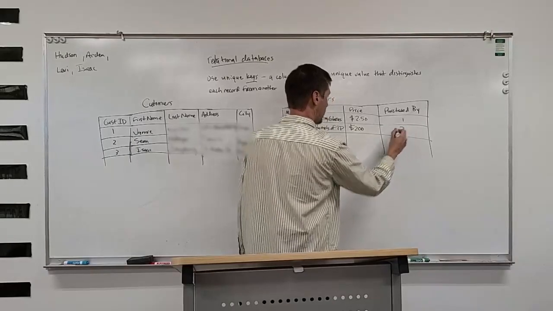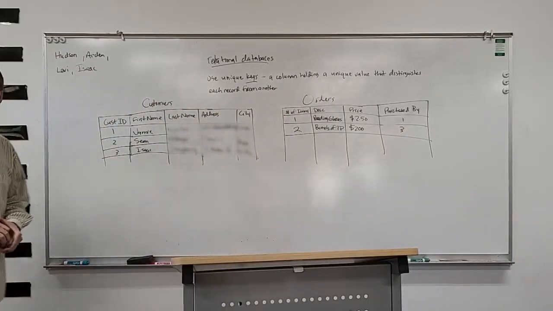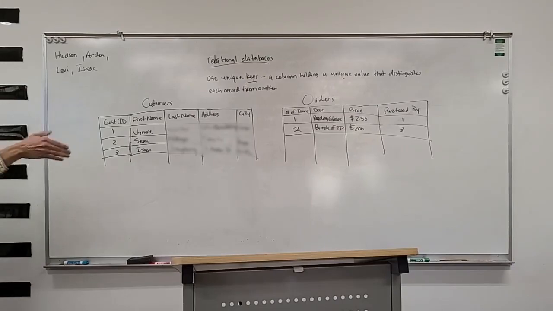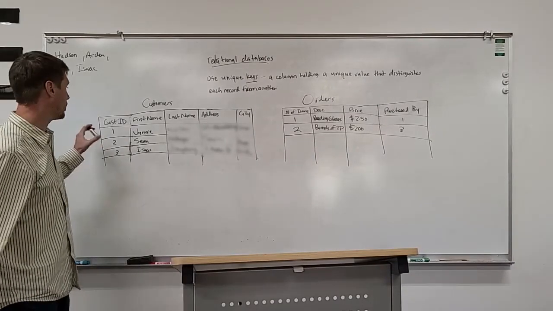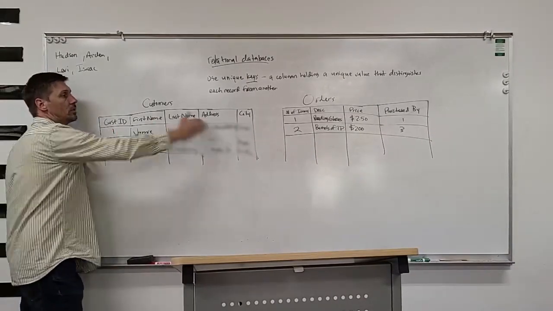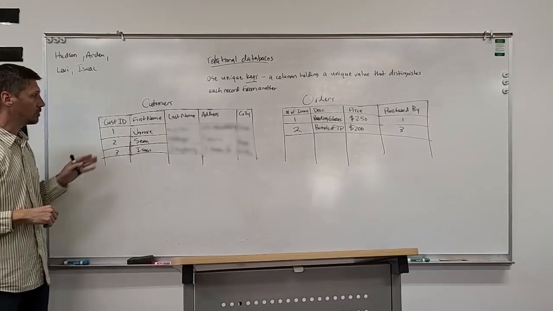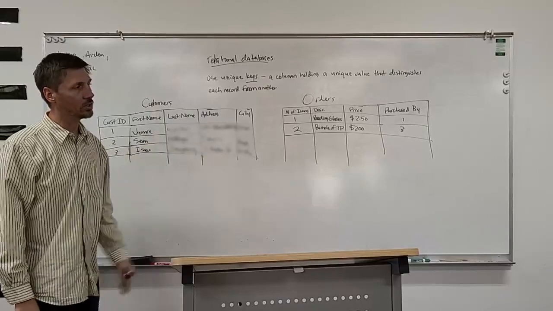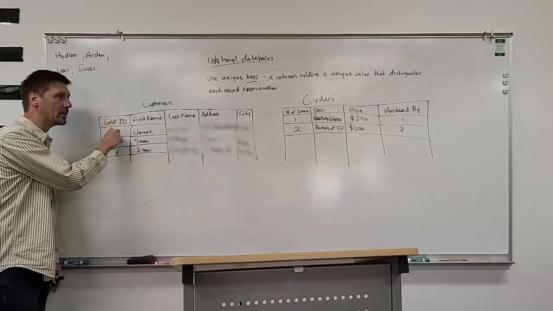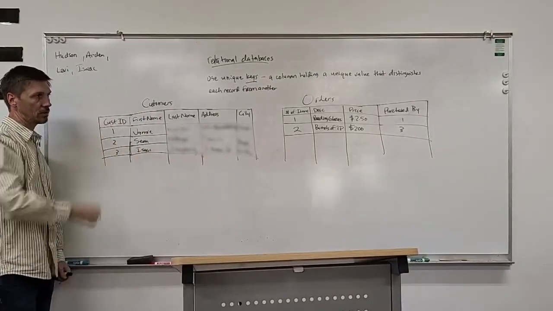Well, it's purchased by customer ID number 3, right? And so it's very easy for us to know when we look at the orders table which customer did that, and I don't have to duplicate this information. So that'll help with our consistency, right? I didn't write down Jamie Walker, I didn't write down the address or the city, I just wrote the unique number that points back to this particular column.